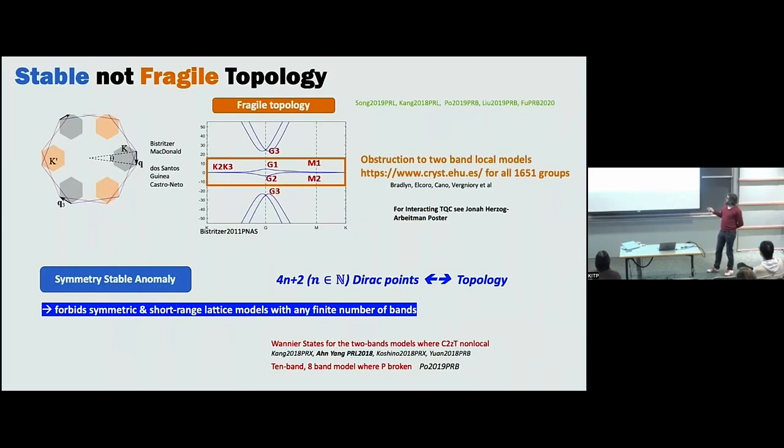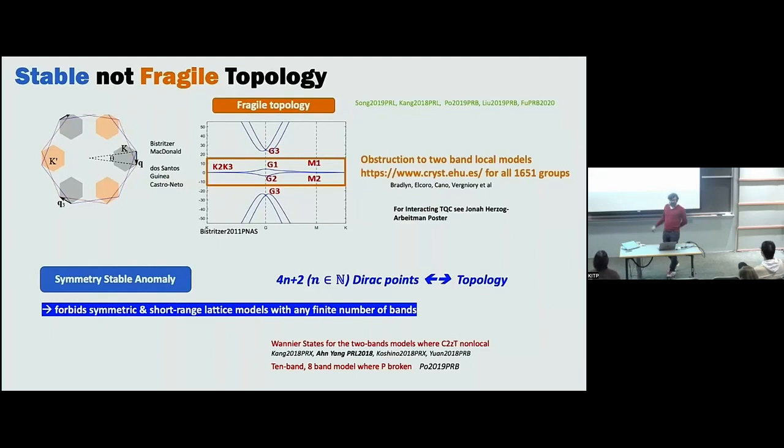But basically, the topology of these bands, or any bands at finite bandwidth, is equivalent to having 4n plus 2 Dirac points in an energy window. This is similar to the surface of a topological insulator, except this is the surface of nothing, it's just a bulk, and instead of an odd number of Dirac points, you have an even number of Dirac points.